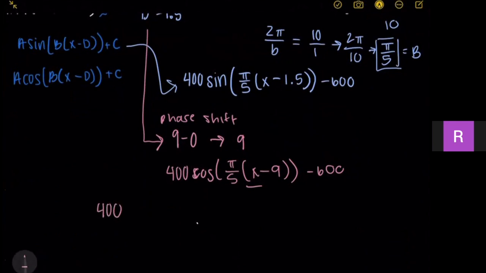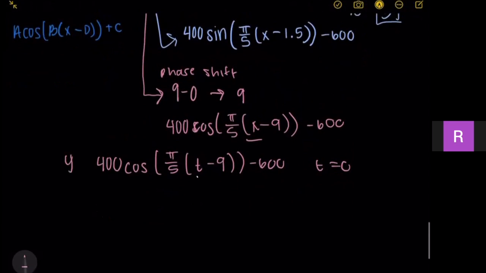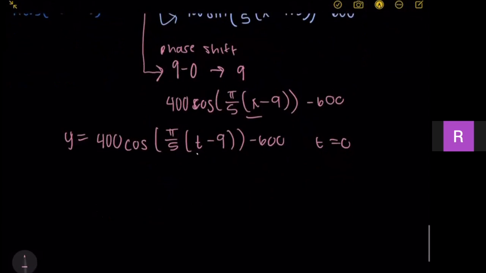So 400 cosine of pi over 5 times t minus 9, minus 600. We can now plug t equals 0 into this equation to find at what height the ship would have been at this time. So if we plug in t equals 0, we'll have 0 minus 9, times pi over 5, all being taken the cosine of, times 400, minus 600.